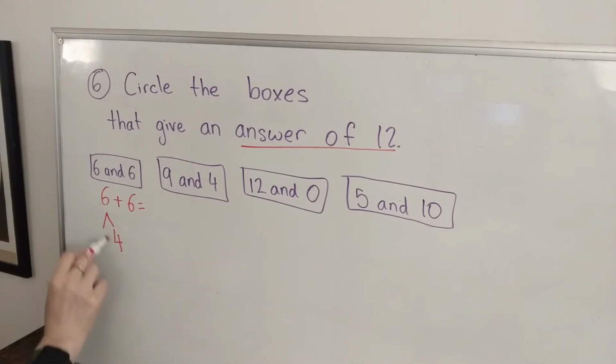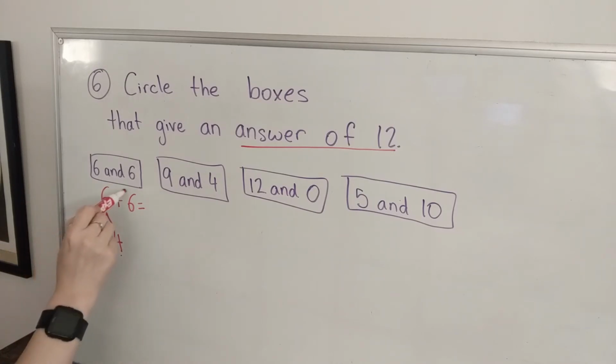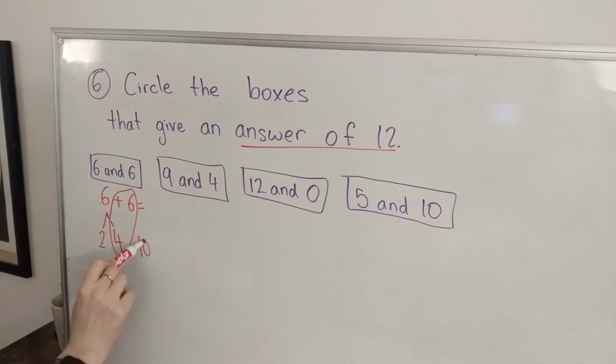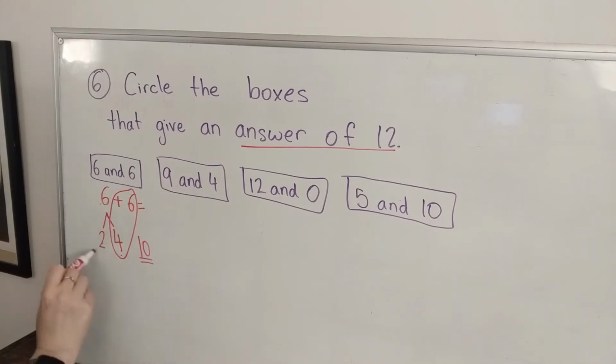What's inside of 6? A 4 and a 2. Now let's add. 6 plus 4 is 10. 10 and 2 is 12. Ooh, look at it. We found the answer 12.